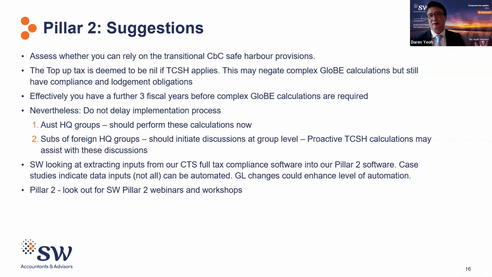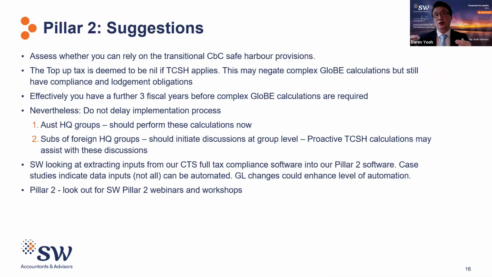So in terms of what we would recommend, you should assess whether or not the transitional safe harbor provisions apply. And why would you do that? If the transitional safe harbor rules apply to a particular jurisdiction, let's say Australia, the top-up tax is deemed to be nil, and we believe that you do not then need to perform the complex GloBE Pillar 2 calculations, the calculation of GloBE income and adjusted covered taxes, which are complex calculations.